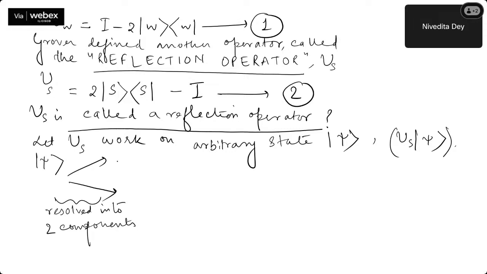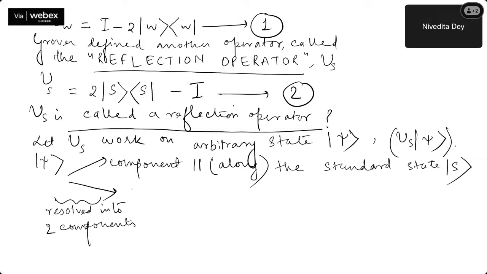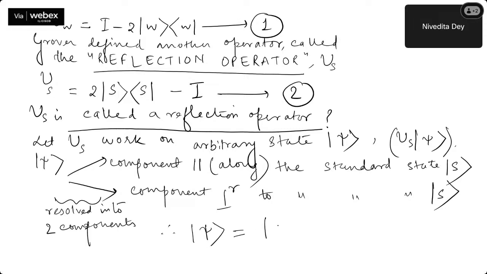What is the first component? The component parallel, or say along, the standard state S, and another component which is perpendicular to the standard state S, the superposed state S. So that means you can write that psi is equal to psi parallel plus psi perpendicular.